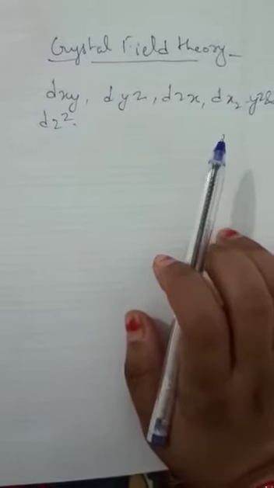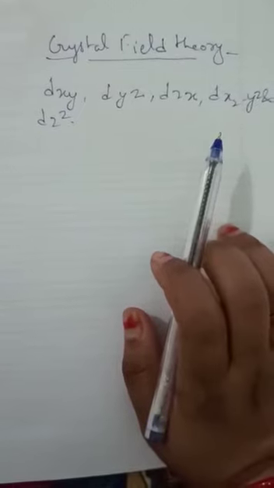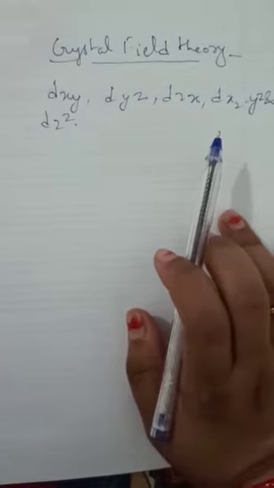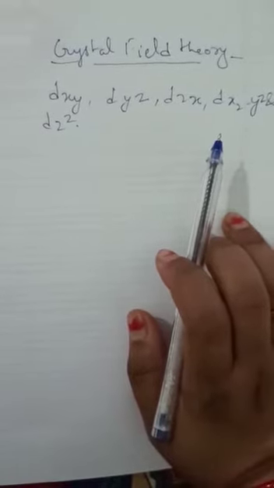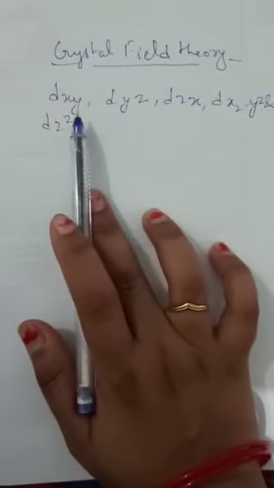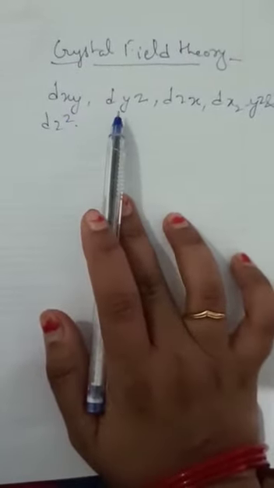Because of this, the d orbitals are divided into two sets, with three lower energy levels, which are dxy, dyz, and dzx.